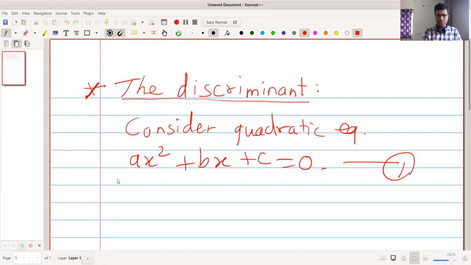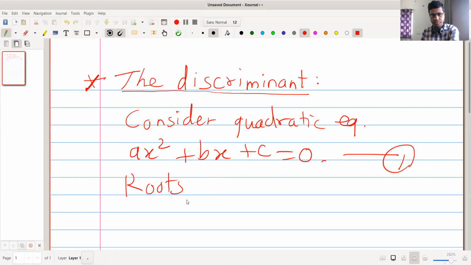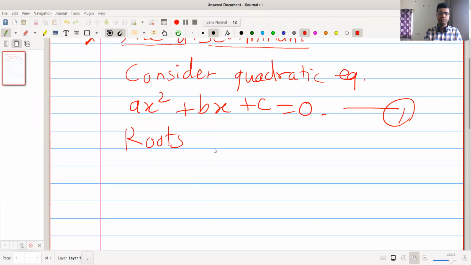Now the roots of this equation are given by x equal to minus b plus minus square root of b square minus 4ac divided by 2a.